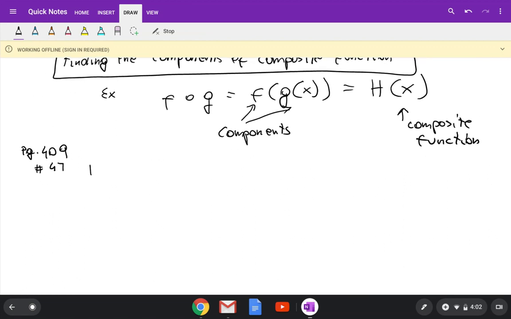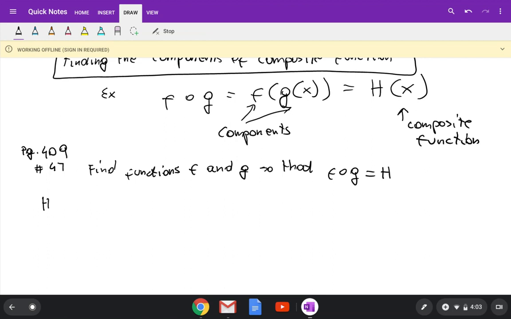You have to find functions f and g so that f composed with g equals h. So you have to find the original two functions which gave you that composition.